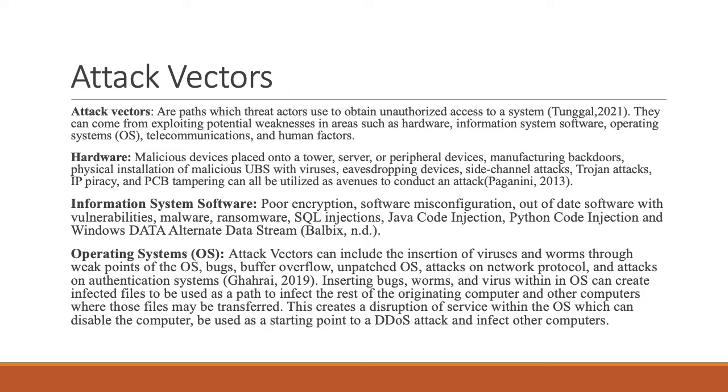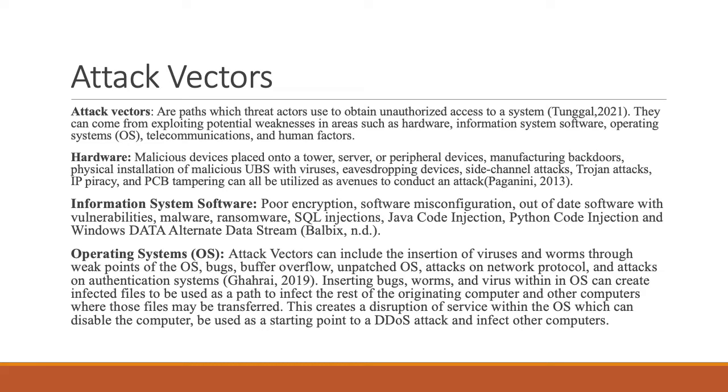The next attack vector would be through information system software. So again, this will be flaws within system software, and attack vectors could be poor encryption, software misconfiguration, out-of-date software with vulnerabilities, malware, software injections.